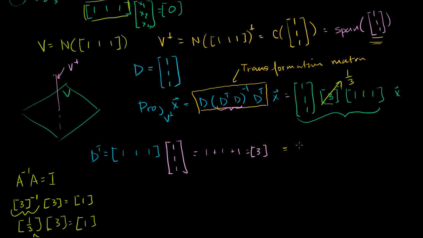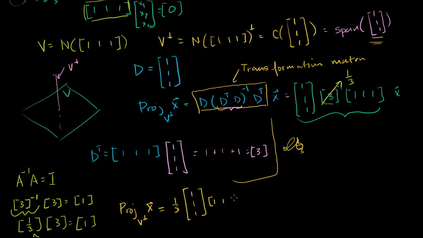So this is going to be equal to, let me just draw a line here. Actually, I don't want to confuse you. Let me rewrite it. So we get the projection of any vector in R3 onto the orthogonal complement of V is equal to 1/3 times the matrix 1, 1, 1 times that matrix transpose 1, 1, 1.